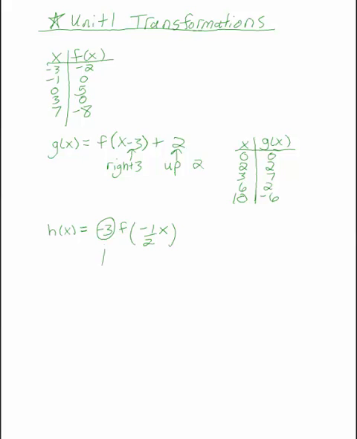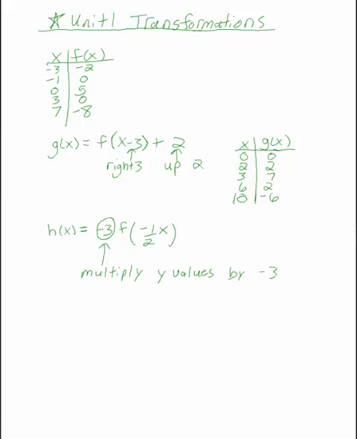Okay, well this -3, that's multiplying the entire function, the y values, because it's on the outside, it's multiplying f, which is really just the y value. So that's going to multiply the y values by -3.